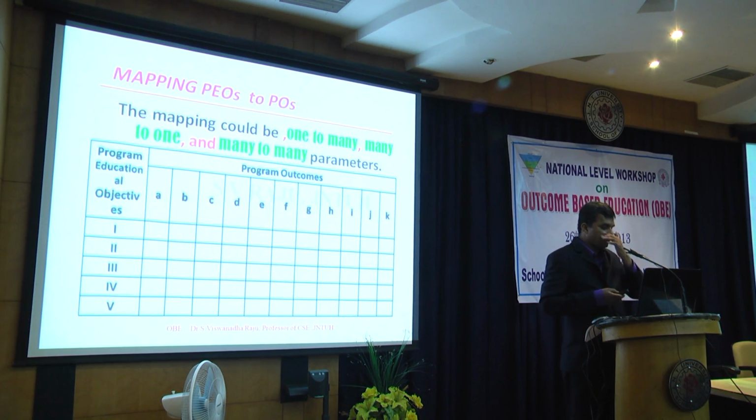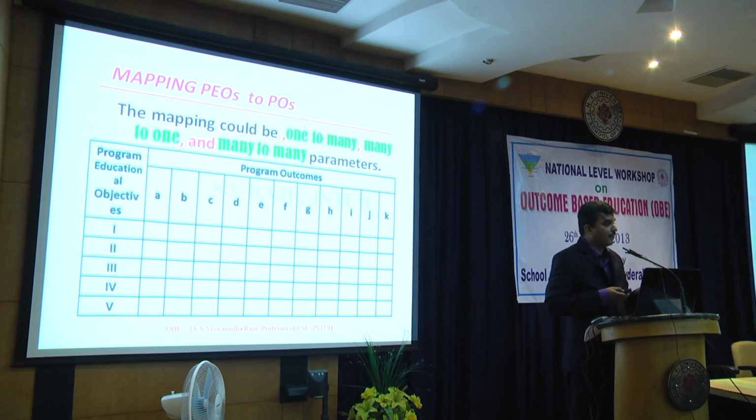For mapping POs to POs, I have just given a template here. In the next session, we will discuss it with a good example; this is just for understanding purposes. The mapping could be one to many. Some POs might be relevant to PO1, PO2, PO3, PO4 also. That means one to many, or many to one, or many to many sometimes.